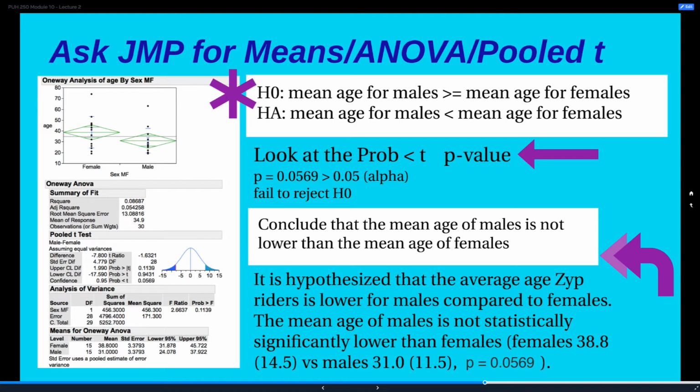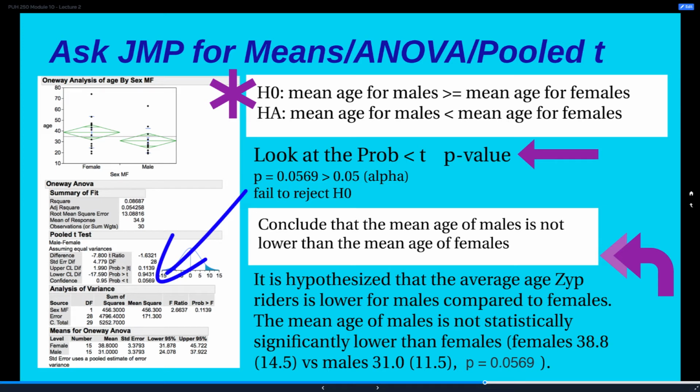Remember, our null and alternative hypotheses have been amended to only have a one-sided test. In this case, we'll look at the mean age for males being greater than or equal to the mean age for females. And then our alternative is that the mean age for males is less than the mean age for females. Here you want to look at the probability less than t p-value.